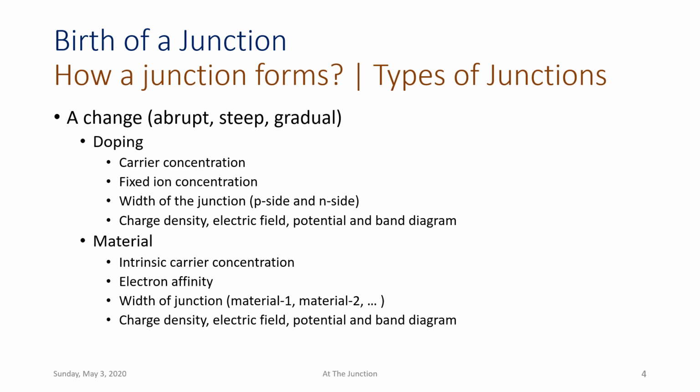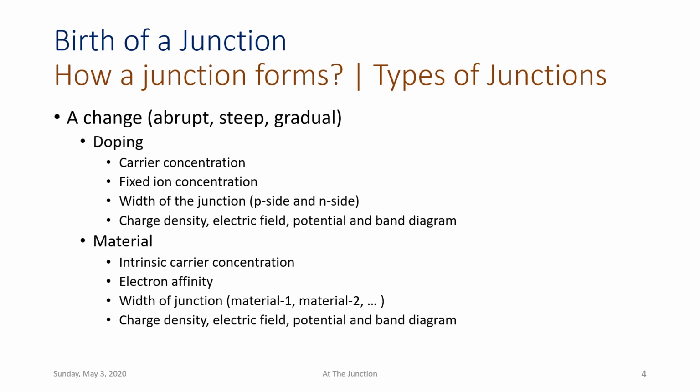This depletion region forms the width of the junction. And obviously it would be P side on one side of the junction and N side on the other side of the junction. And because of these fixed ions, we have a charge density developed at the junction that causes the electric field, that causes the potential, and hence the energy band diagrams.